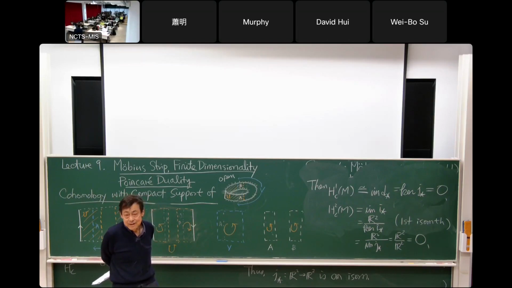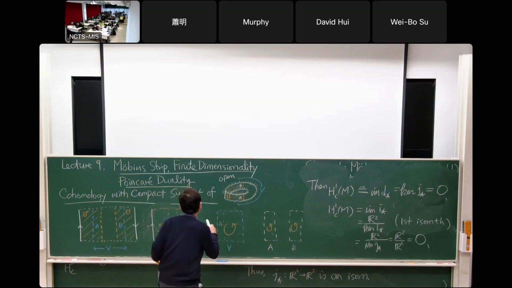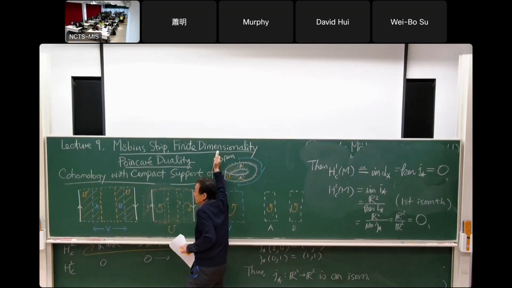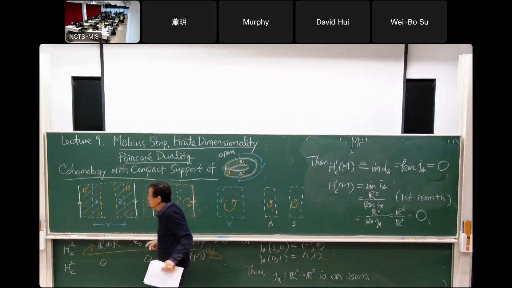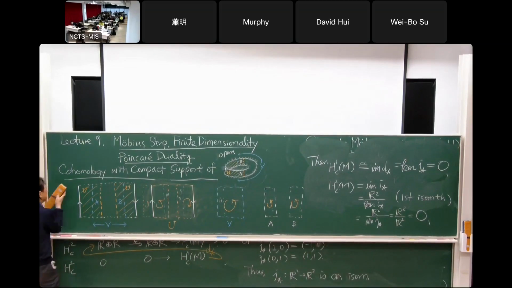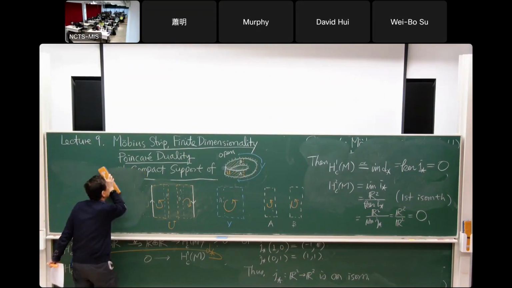Now, we usually like the cohomology to be finite dimensional because then the dimension would be a numerical diffeomorphism invariant, okay? And so there's a theorem that guarantees that you have finite dimensional cohomology. That's what we want to discuss: when is the cohomology of a manifold finite dimensional?